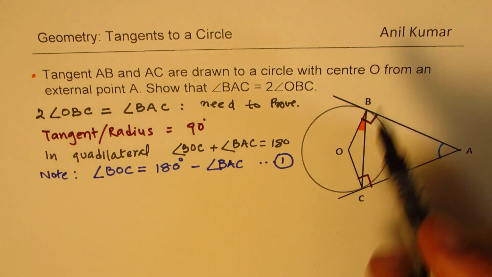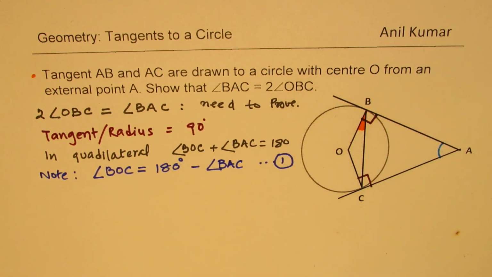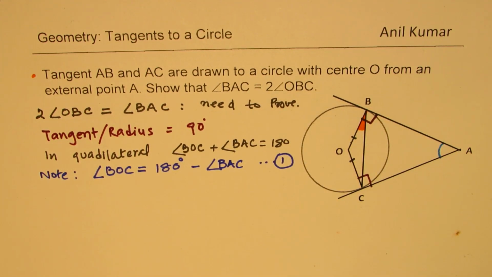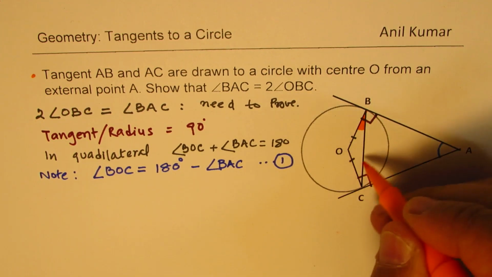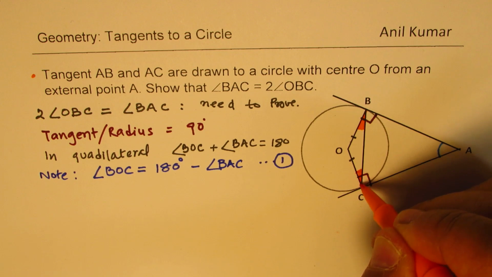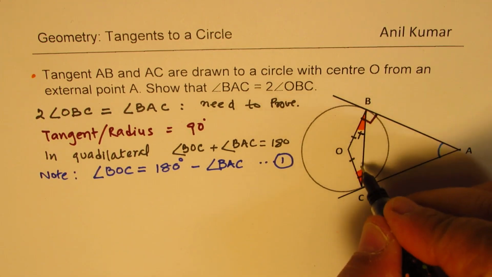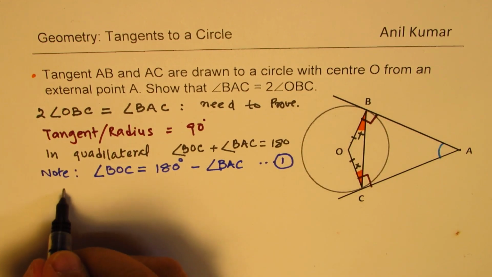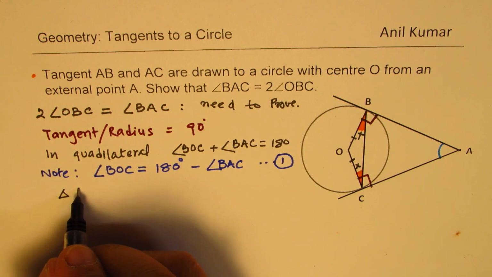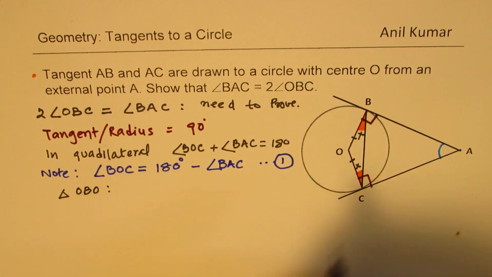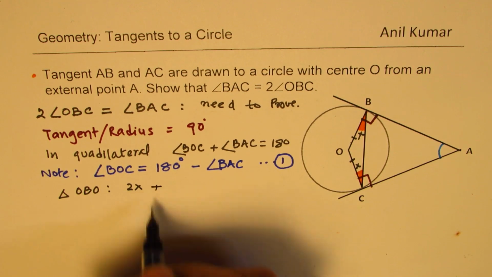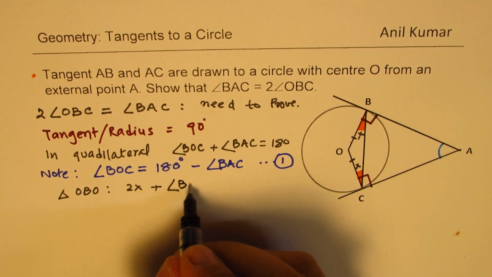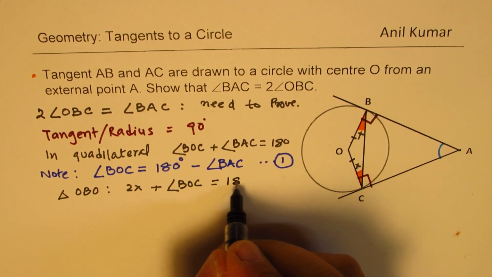Now another thing, we have to really find this relation, right? Since we have an isosceles triangle, the angles at OBC and OCB both are equal, correct? So if this is x, the other one is also x. So in the triangle OBC, what do you see? You see that 2x, the sum of these two angles, plus angle BOC is equal to 180 degrees.